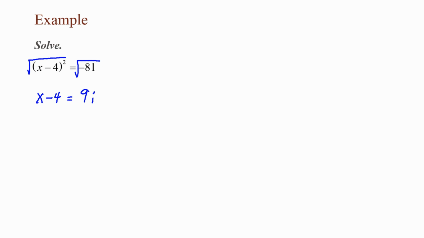And since we took the square root of both sides, I need to add plus or minus. Now add 4 to both sides, and x equals 4 plus or minus 9i. So my two answers are 4 plus 9i or 4 minus 9i.